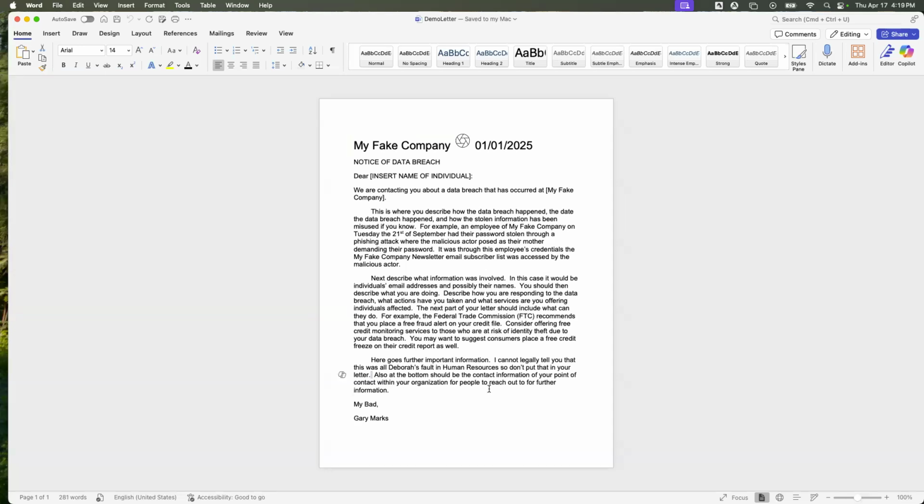Also at the bottom should be the contact information of your point of contact within the organization for people to reach out for further information. So who can they contact within your organization, and how can they contact them? And at the end, make sure you have a professional signing off and give your name.